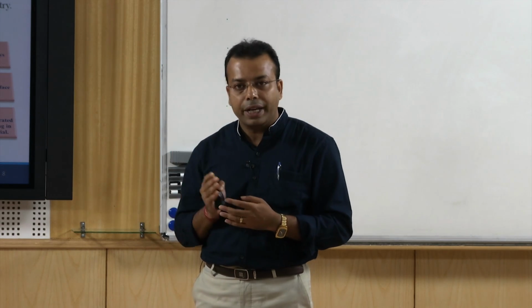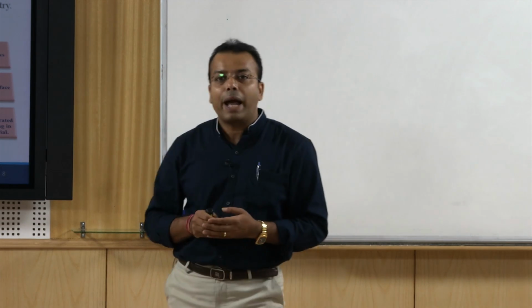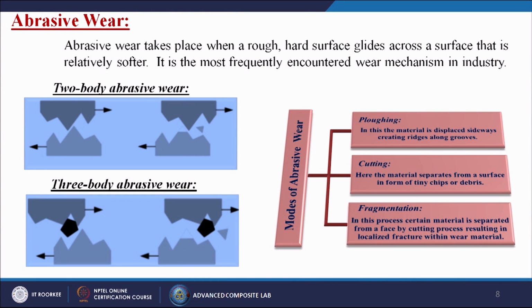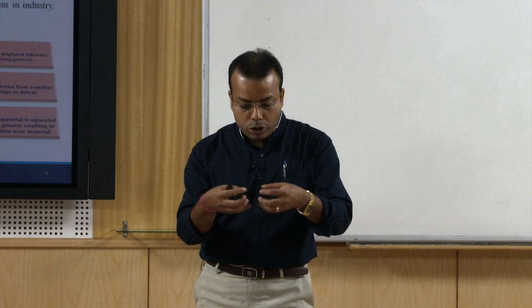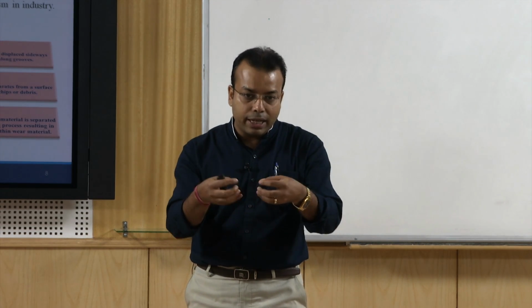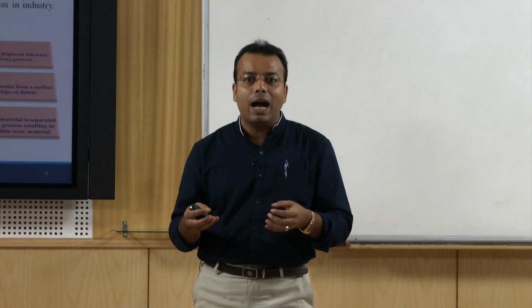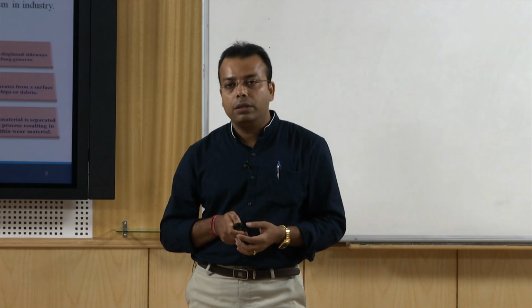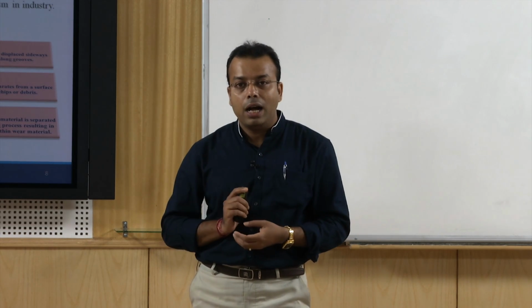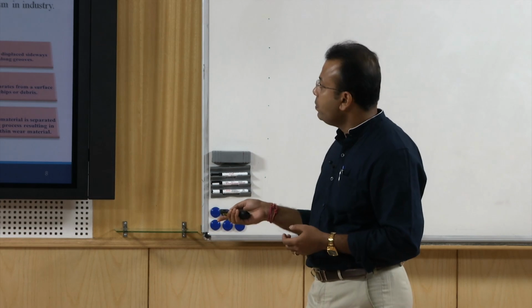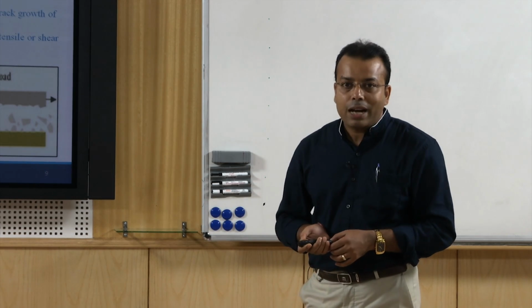That is known as cutting. The third one is called fragmentation, by which the softer material is fragmented into small particles by the hard projections produced by the hard material. Next one is called the surface fatigue.